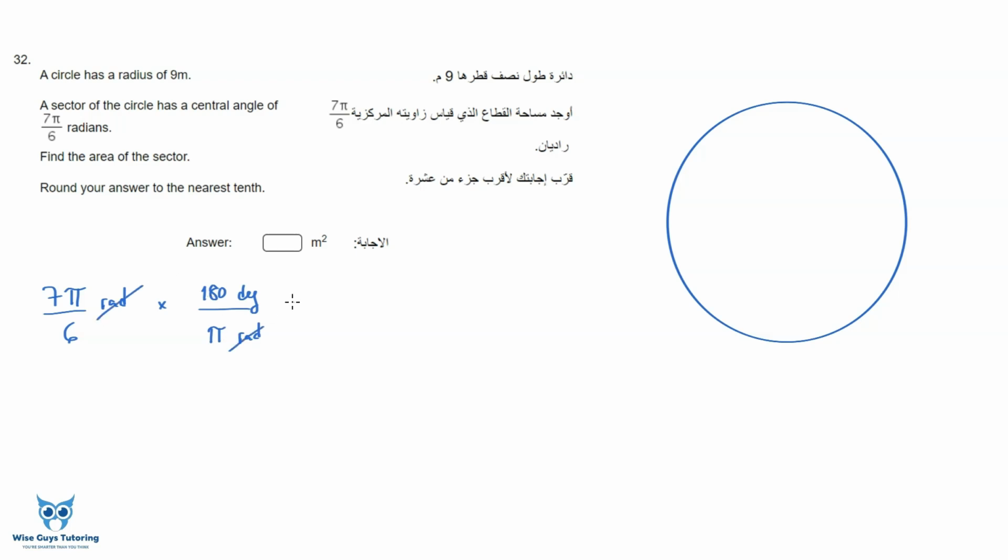Radians will cancel out. What am I going to have? 7 pi times 180 over 6 pi, and the only unit left is degrees. I can cancel out the pi with the pi. This 6 and 180 will simplify to 1 and 30. So I get 7 times 30, which is 210 degrees.